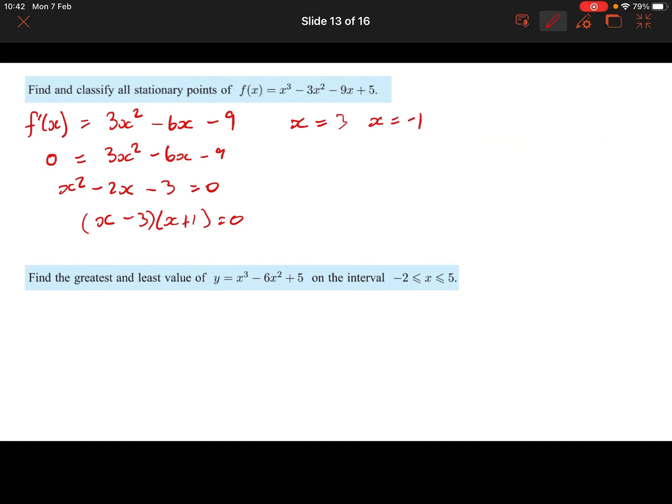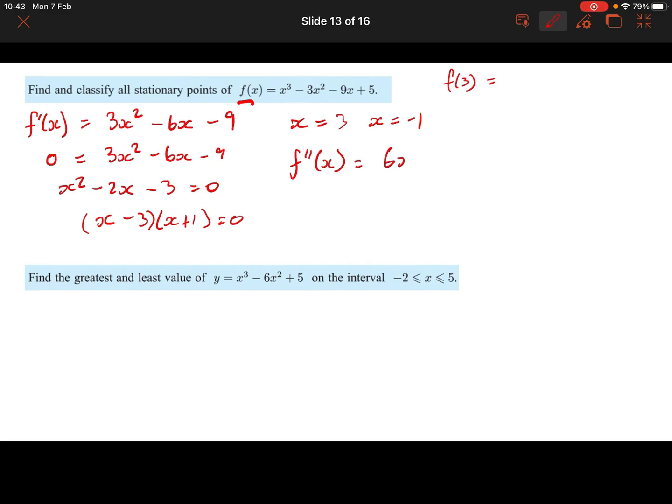Of course, I can now work out the y value at those stationary points by subbing in. If I find f of 3, then I know the y value at that stationary point. I'm not going to bother with that. What I want to know now is the nature of these stationary points. For that I need the second derivative, which is just the derivative of the derivative.